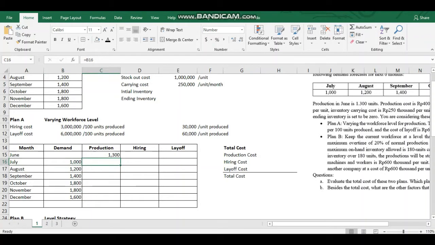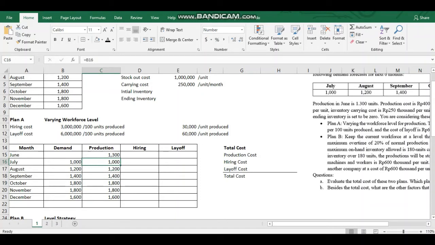And since we're using the chase strategy, all the production is equal to its demand. So for July the production is equal to its demand, August is equal to its demand, and so on and so on.